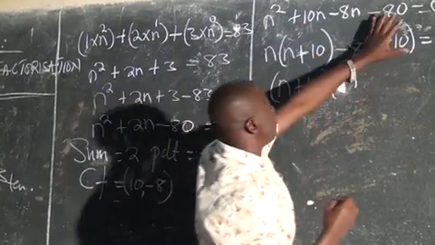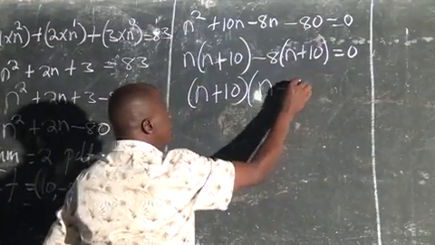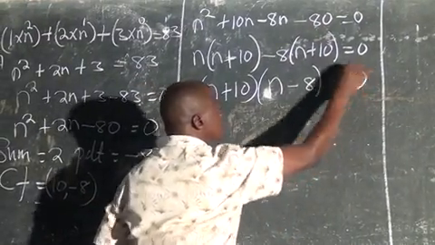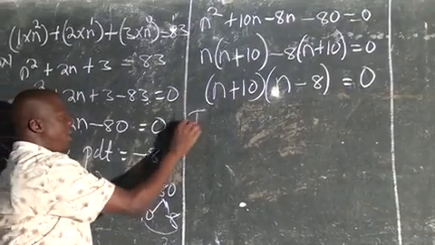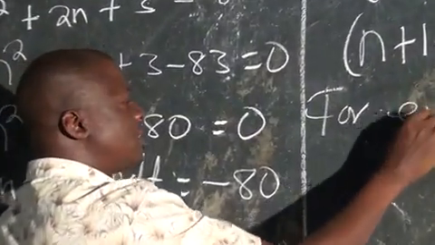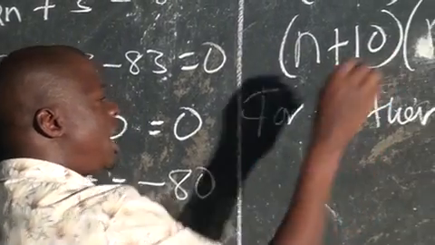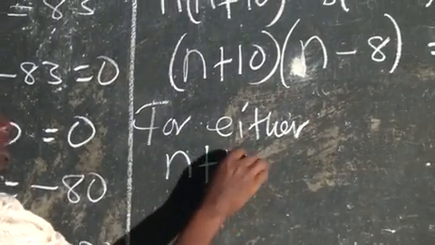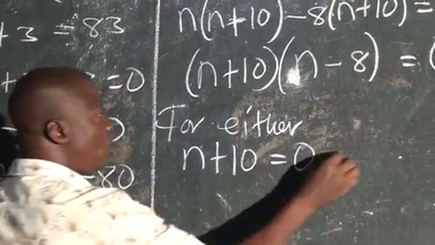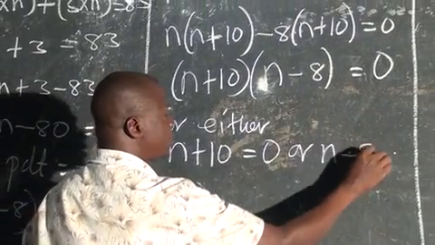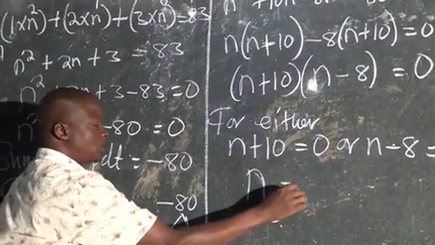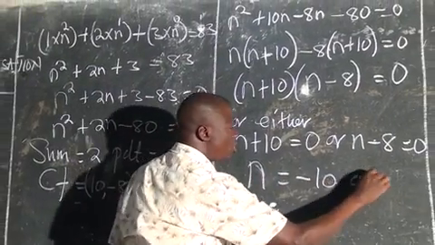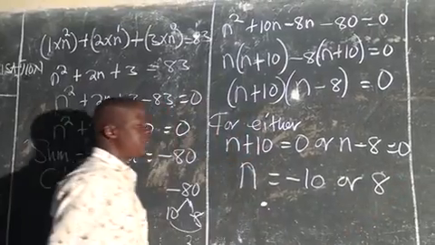We also cover this, we have negative 8. Okay? So we shall conclude that either n plus 10 equals 0 or n minus 8 equals 0. So n is negative 10 or positive 8.